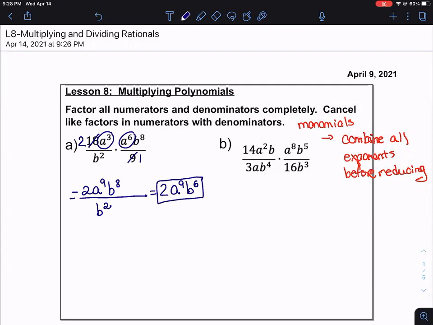So again, you can reduce your coefficients as much as possible, and then combine your variables straight across and reduce after. So I'll open for questions, but why don't you guys try B without me? Let's see if you guys can do one without me.